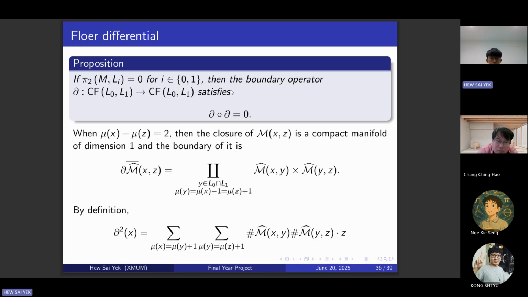In the Floer differential, this count is zero when the index difference of Ux and Uz equals 2. The boundary points of the dimension 1 manifold are even in number, so delta squared must be 0.